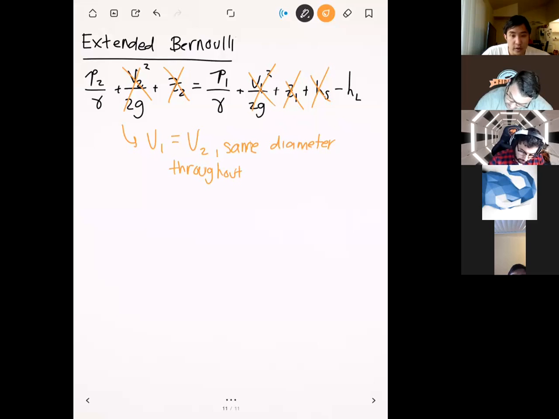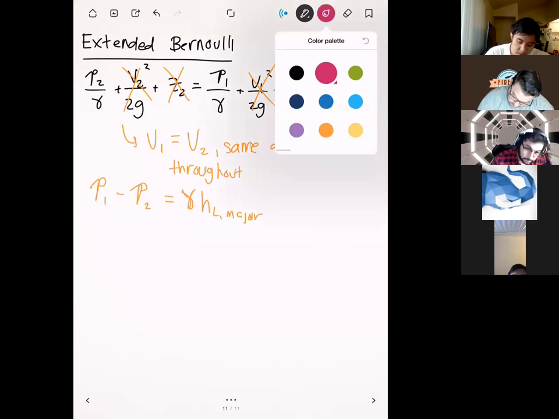And so what we're left with is just a relationship between the pressure drop and the head losses. If we solve for that, we get P1 minus P2 is equal to gamma times HL. And in this case, since we don't have any minor losses, this is going to be just the major losses here.